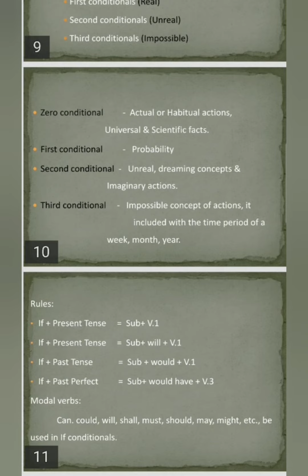This is in the first conditional. Second conditional: if plus past tense in the subordinate clause, you have to use subject plus would plus verb 1, right? In the third conditional, if plus past perfect in the subordinate clause, you have to use subject plus would have plus V3 in the main clause.